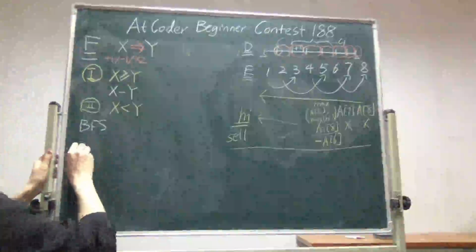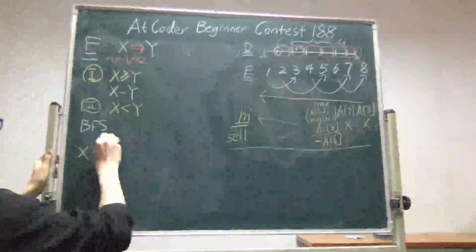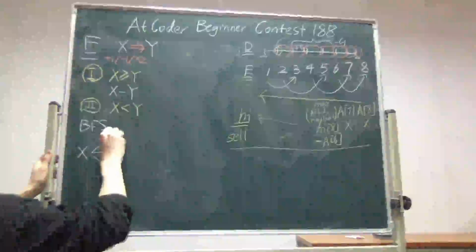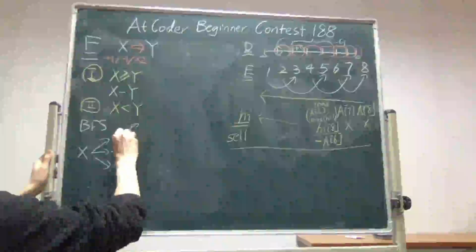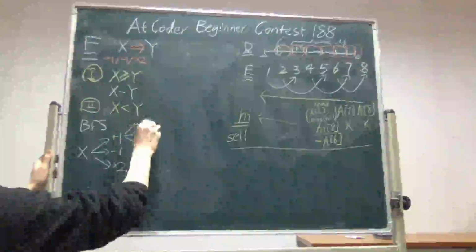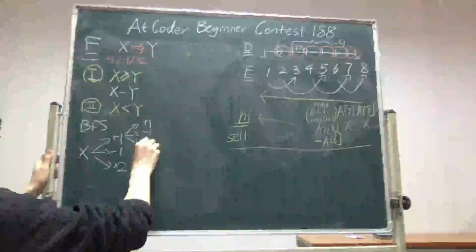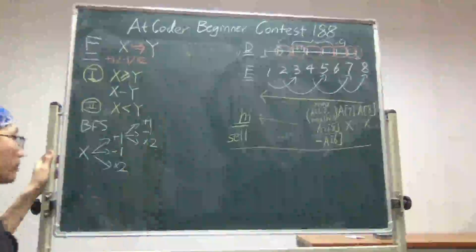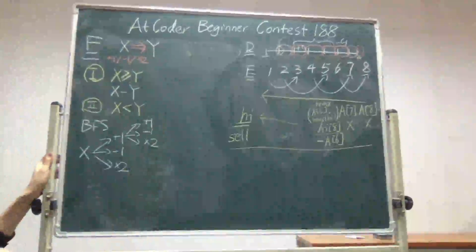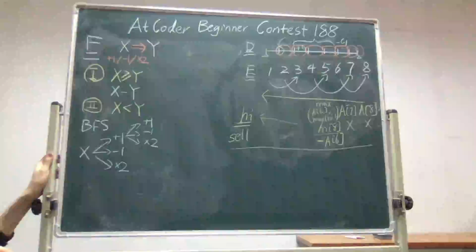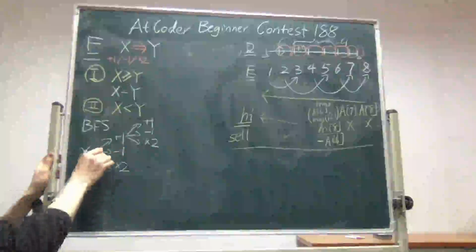We start from x, then we try plus 1, minus 1, times 2, then we try plus 1, minus 1, times 2. But this solution can easily lead to a time limit exceeded. Why? Because there are 3 branches at each point.